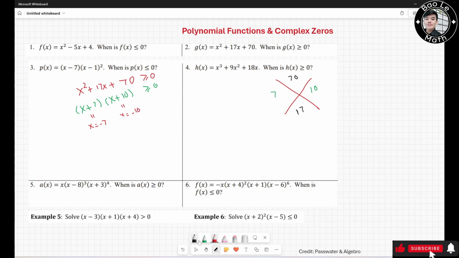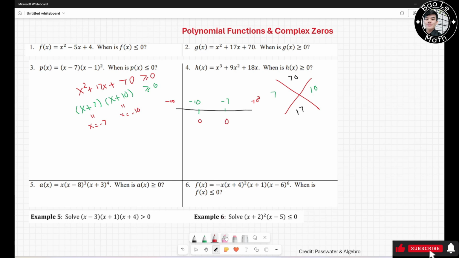Now I need to put two zeros on the number line, right? In increasing order, right? So I have -10 go first, -10 and -7 right here. So I need to put the positive infinity right here and negative infinity right here. Right at these two numbers, the function equals 0.